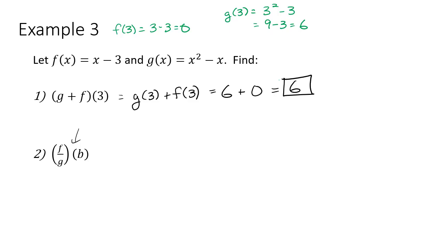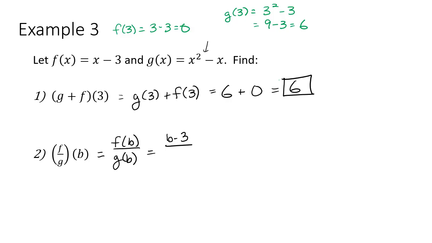Part 2, we've got F divided by G of b, so we're keeping it more abstract this time. By definition, this is just F of b divided by G of b. And now it's just function evaluation. So if F of x is x minus 3, F of b would be b minus 3.